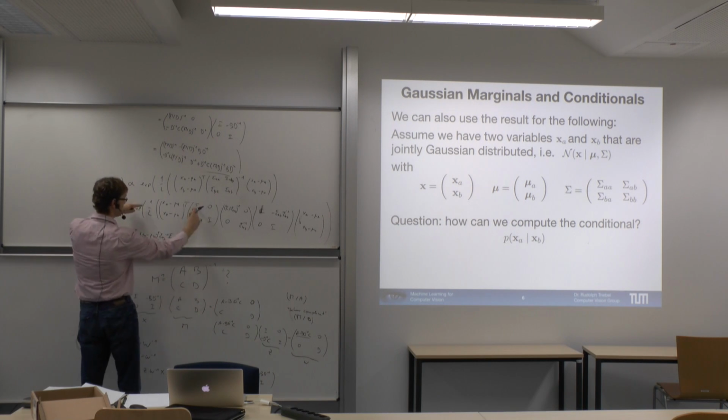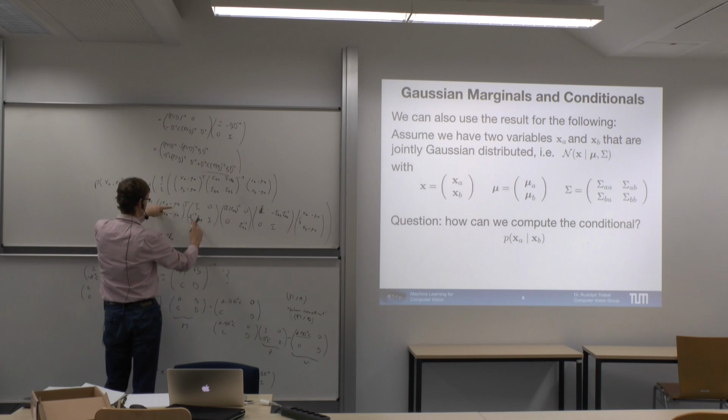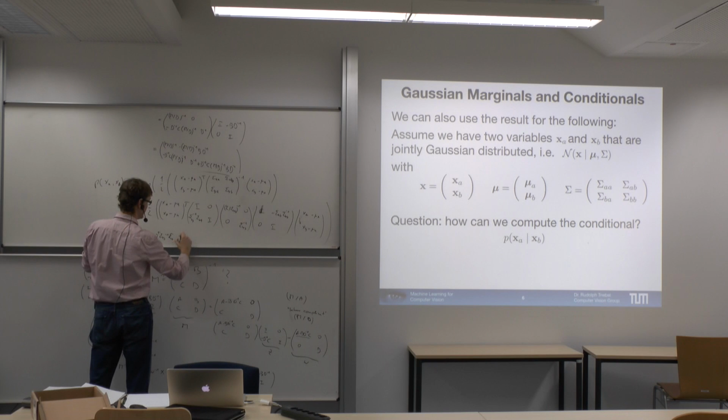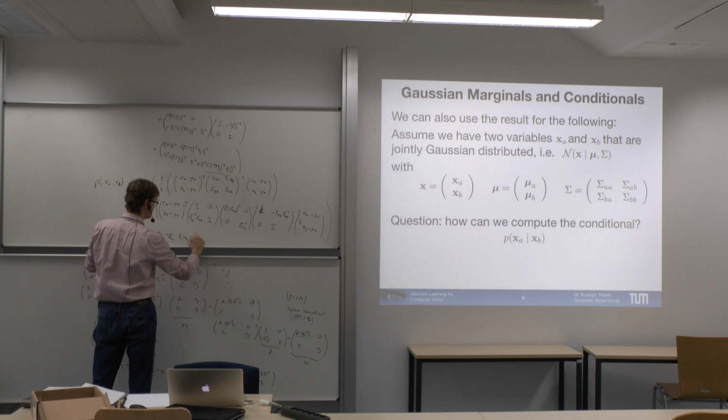This is the one thing, and the other thing is just xb minus mu b transpose. This is just the other thing.